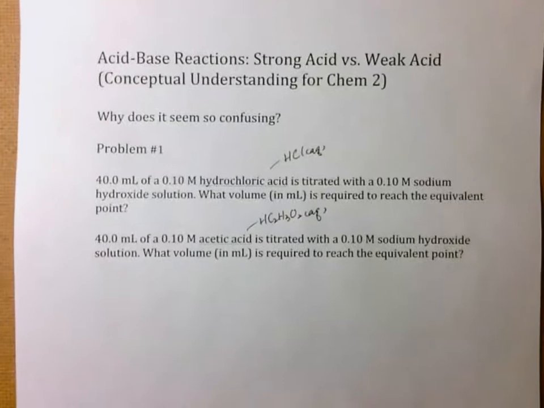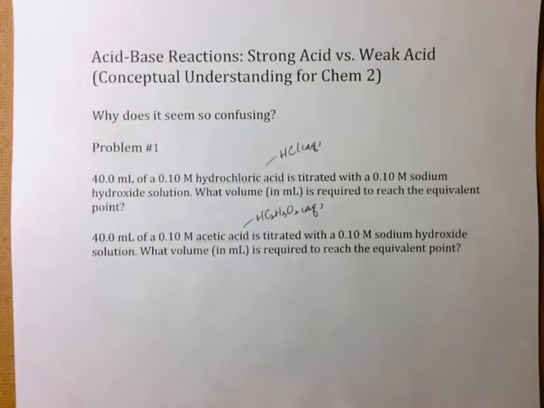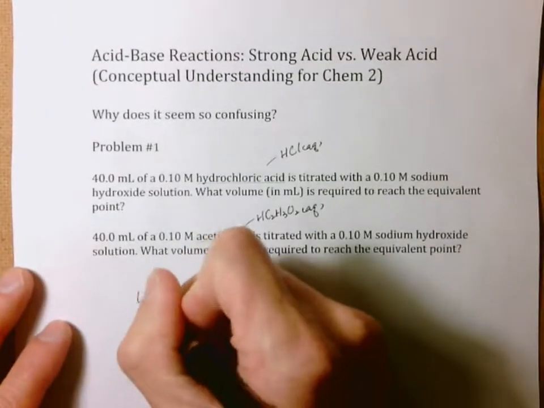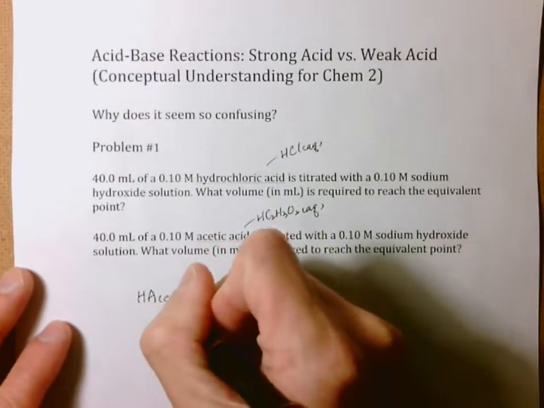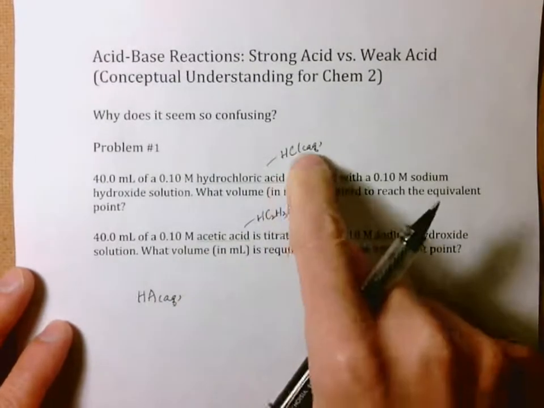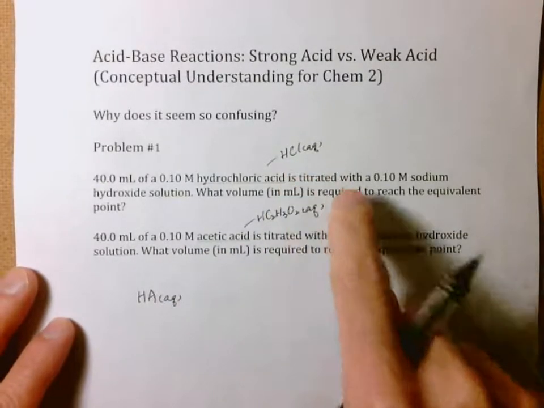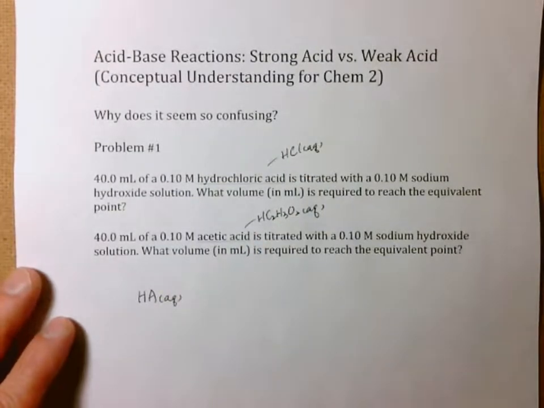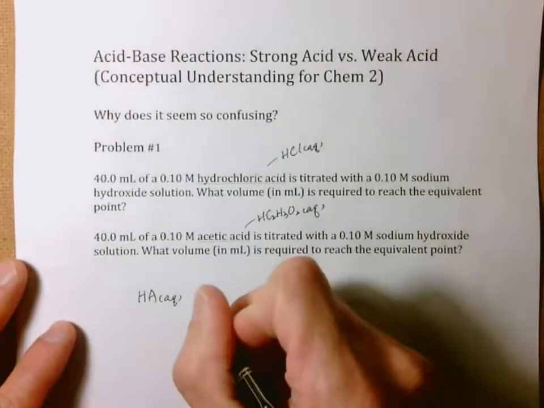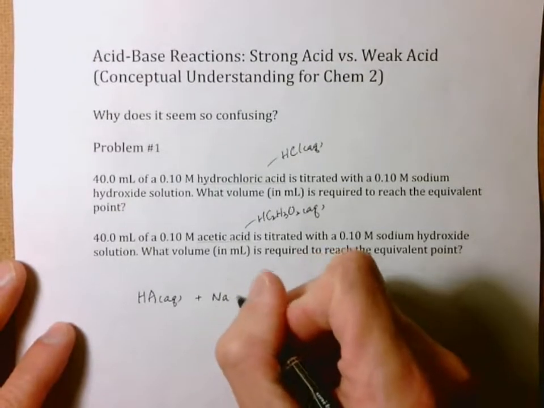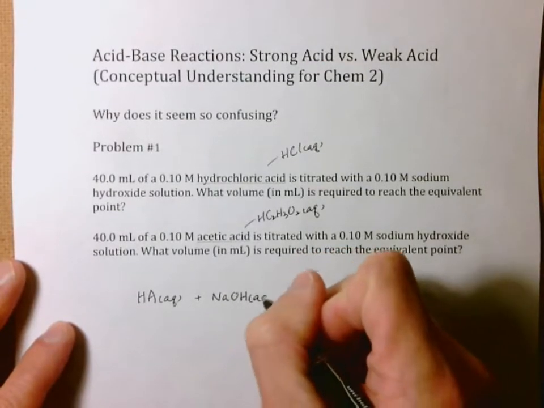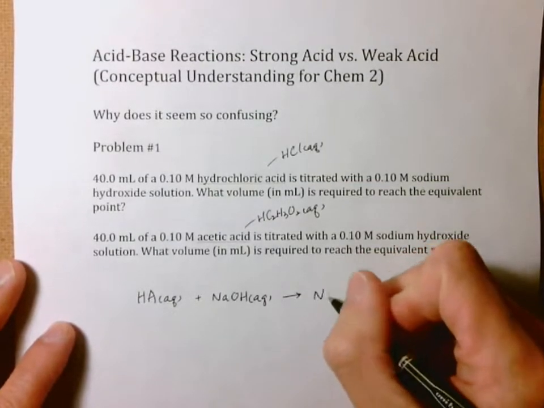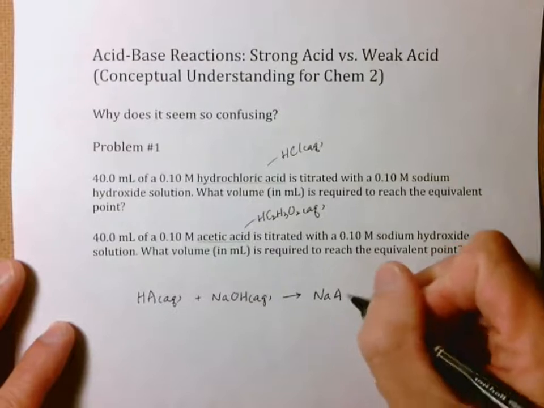So what you always do is write the balanced equation. So acid, HA, where A stands for chloride for the first question, and it stands for acetate for the second question, and then we add NaOH, aq, to produce sodium chloride or sodium acetate.